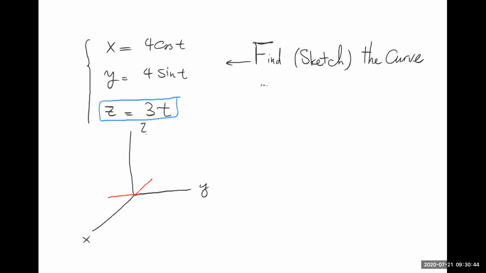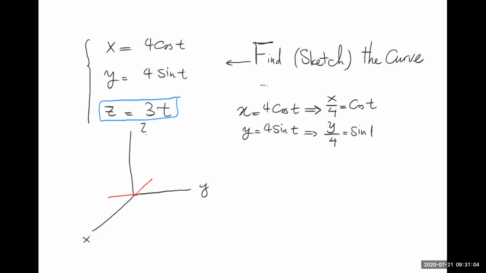So for me, x would be 4 cosine of t and y would be 4 sine of t. Therefore, x over 4 is equal to cosine of t, and y over 4 would be equal to sine of t, right?